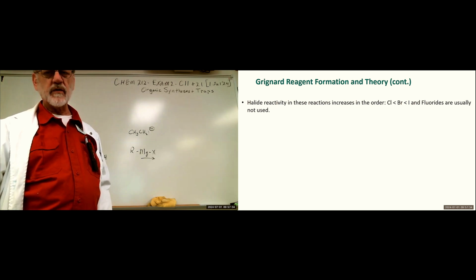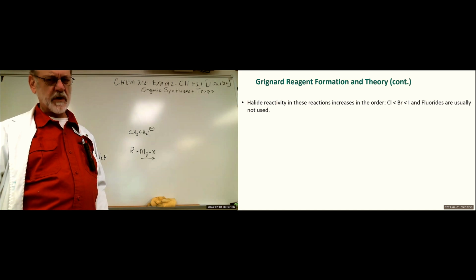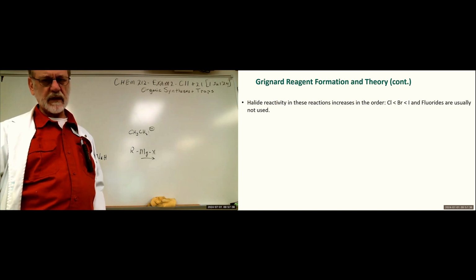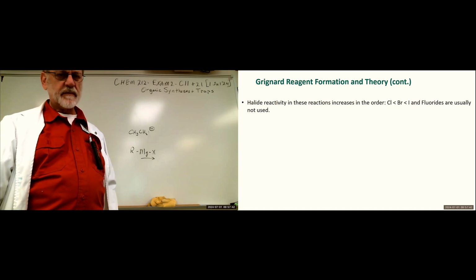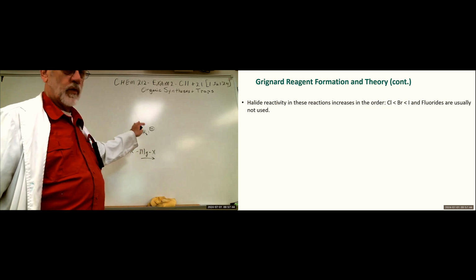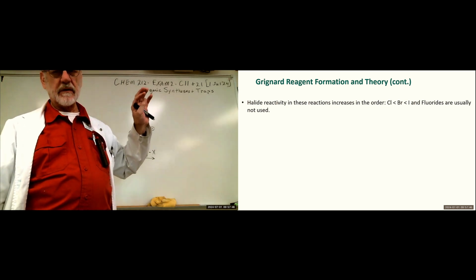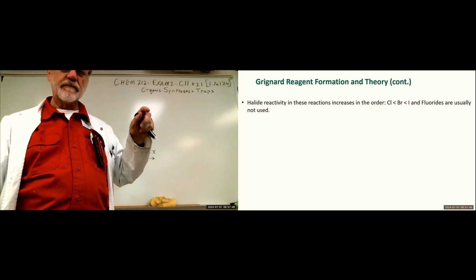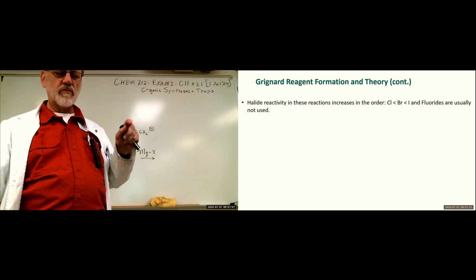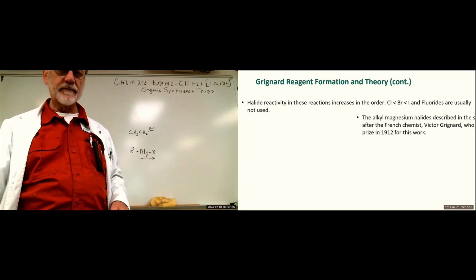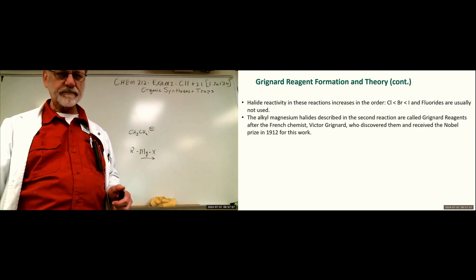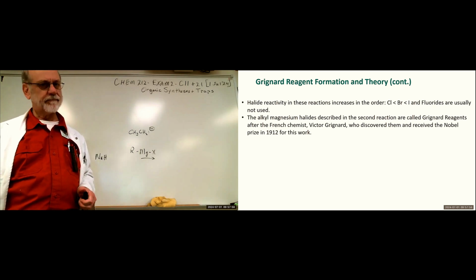Fluorides are usually not used, I think, because they're too small and not very stable. So the X in the Grignard reagent would be more reactive with an iodide than with a bromide or a chloride, because it's larger.